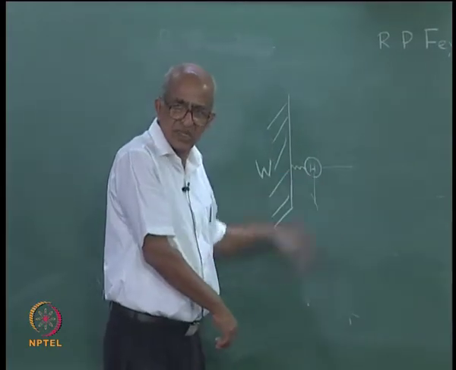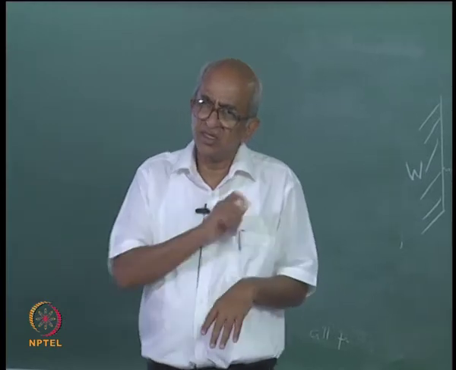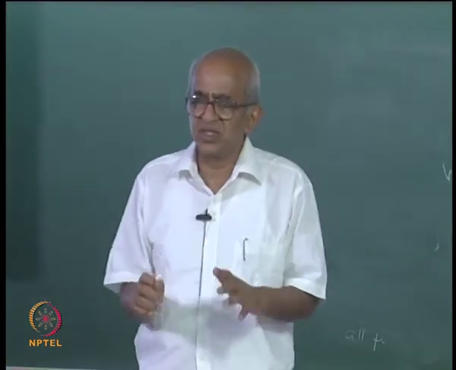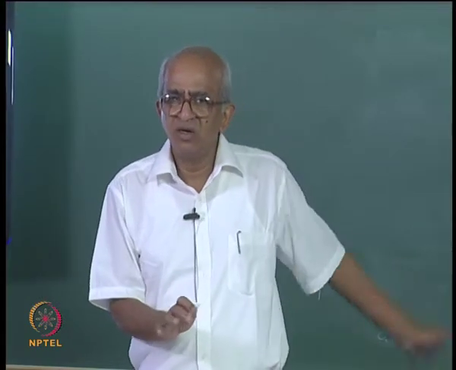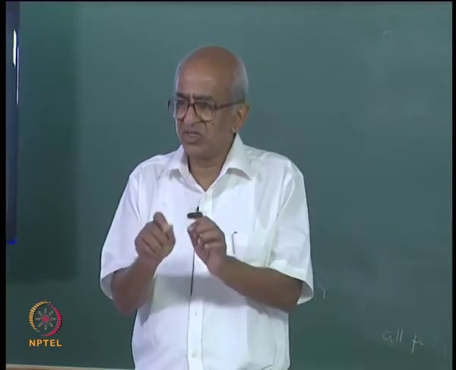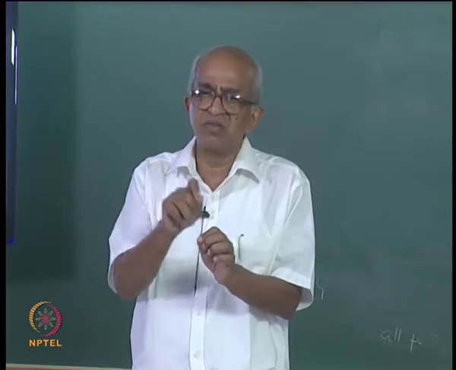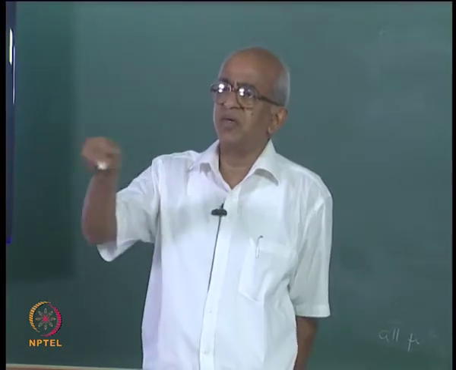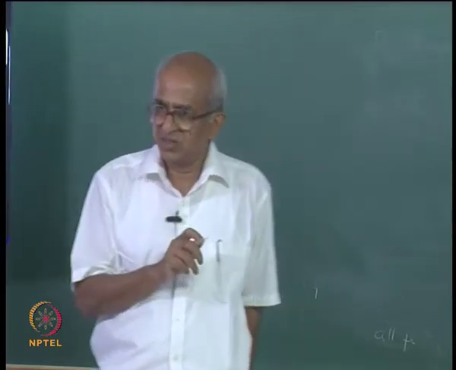If you displace it in that direction, it will execute vibrations, but I am not interested in that, I am only interested in this particular vibrational motion, and as long as I am interested in that vibrational motion, I can say this is a one dimensional system, because the position of the hydrogen atom can be specified by giving the value of the displacement of the hydrogen atom from its equilibrium position, that is enough. So, it is a one dimensional system.